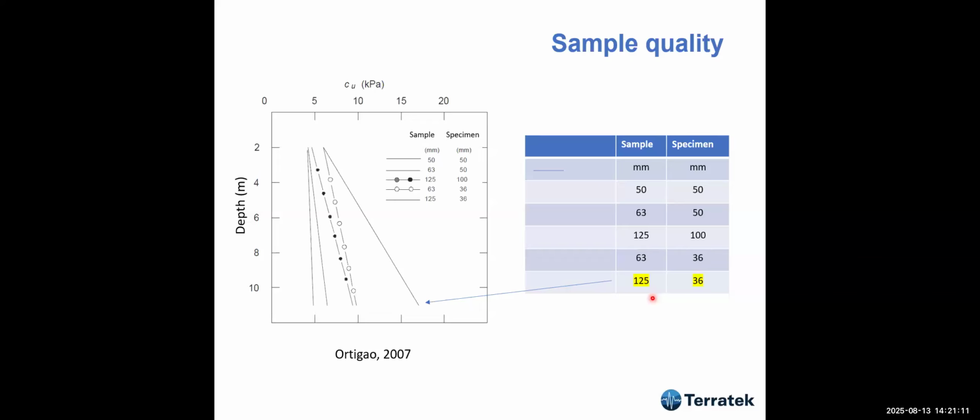I spent months in the laboratory doing these unconsolidated undrained UU triaxial tests, and at that time, I came up with these average correlations, and I found out this was the best. I was using a 125 millimeter diameter sample, and the specimen was 35. So I changed the specimen diameter as well.